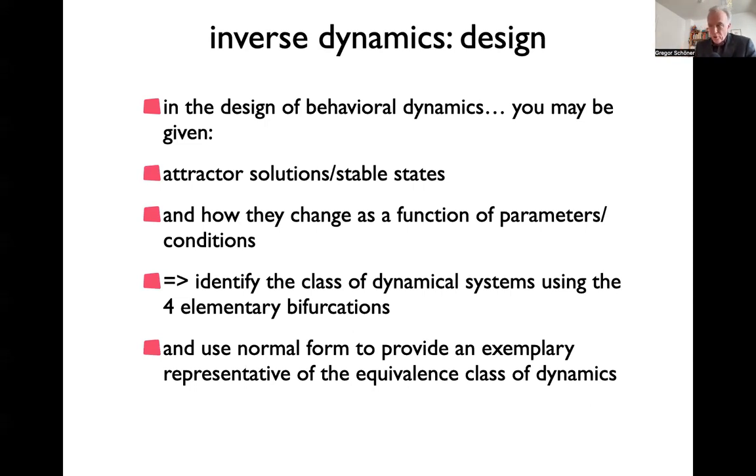We could literally use the normal form. The normal form has the advantage of being the smallest polynomial on the right-hand side of the equation. It's not a very wrinkly equation, so it doesn't have too many undesired other solutions. If you write a very complex polynomial as a model, maybe you have the zero crossings that you want, but as you know, when a polynomial has high order, the number of possible zero crossings increases with the order, so it can have more and more complex fixed points, and some of those might not be things that you want.